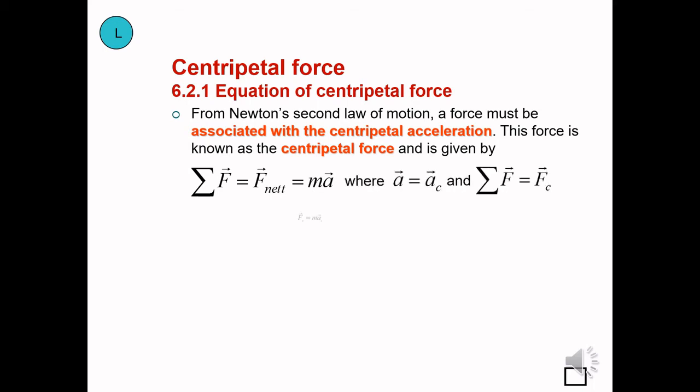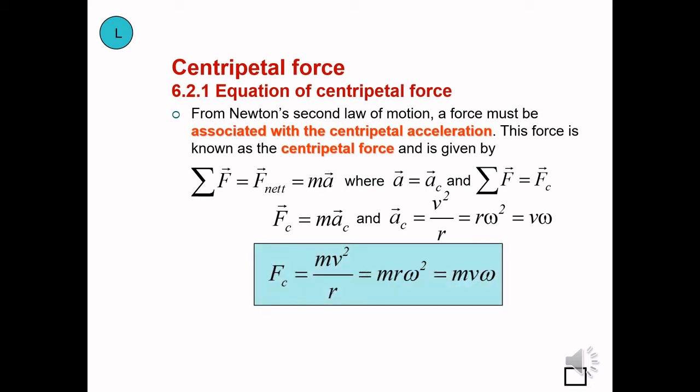From all the relations, we can conclude that the equation of centripetal force is m v squared over r equals m r omega squared equals m v omega, where Fc is the centripetal force. Okay class, do you know what centripetal force is?